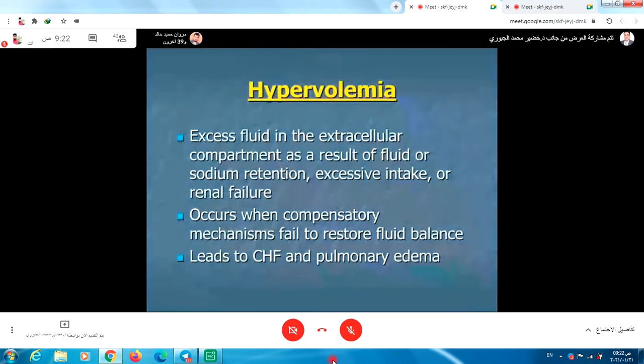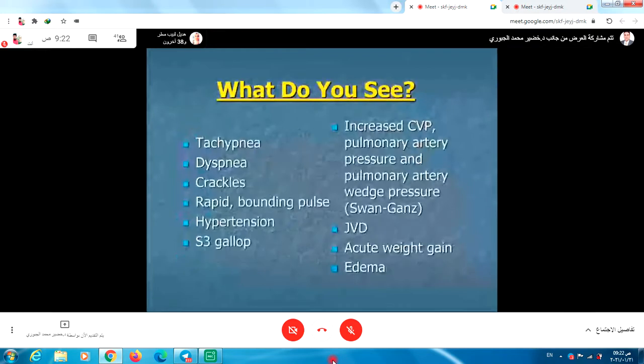Now, hypervolemia: excessive fluid in the extracellular compartment as a result of fluid or sodium retention, excessive intake, or renal failure. It occurs when compensatory mechanisms fail to restore fluid balance, leading to congestive heart failure, CHF, and pulmonary edema.